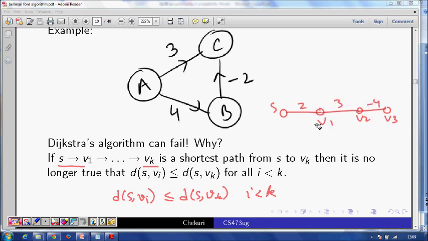Then this assumption becomes false, because d(s, V2) will be 5, but d(s, V3), because of this negative weight edge, will be 2 plus 3, 5 minus 4, which is 1. So V3 is in fact nearer than V2. That's why Dijkstra's algorithm will fail here, because it assumes your path length will always increase as you go farther along the shortest path route.